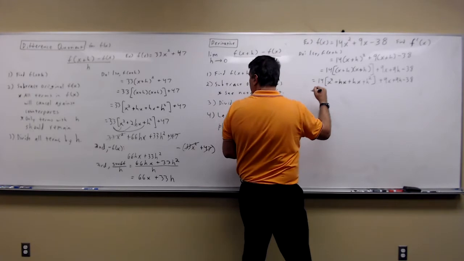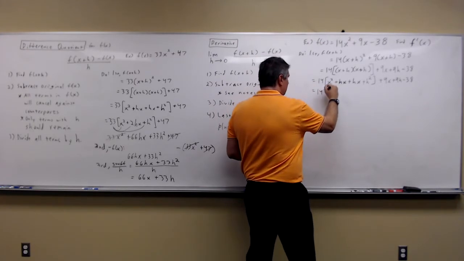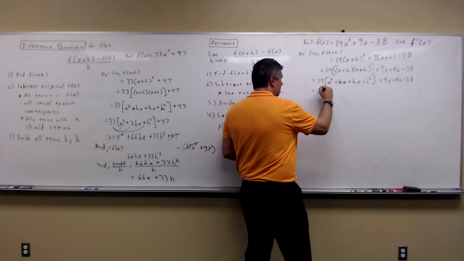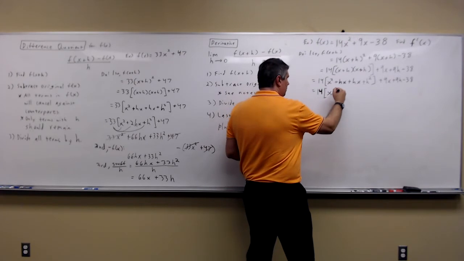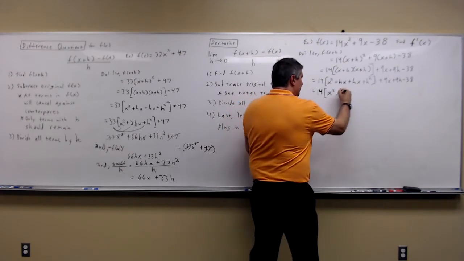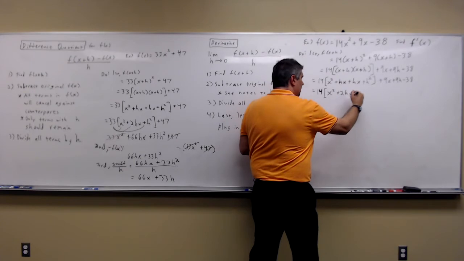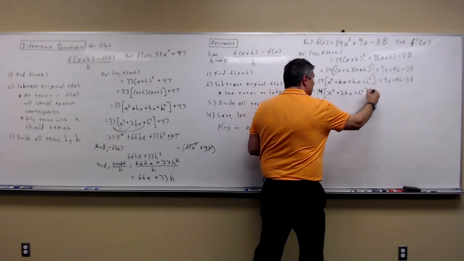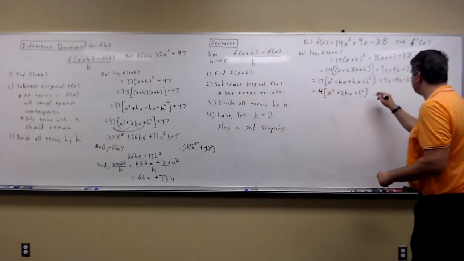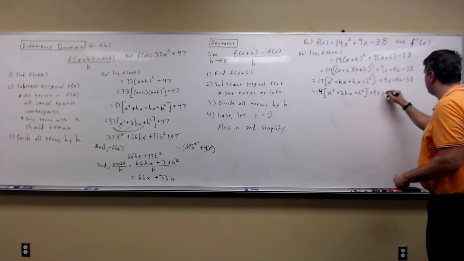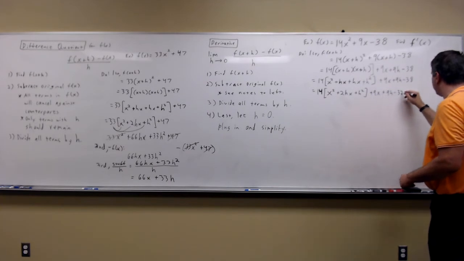Giving me 14 times x squared plus 2hx plus h squared plus 9x plus 9h minus 38.